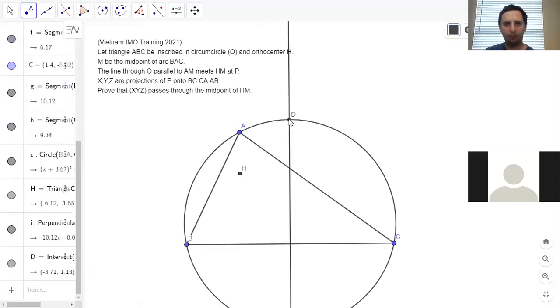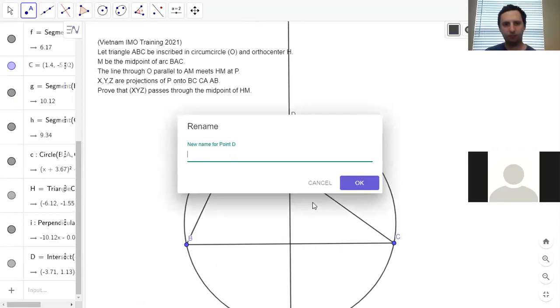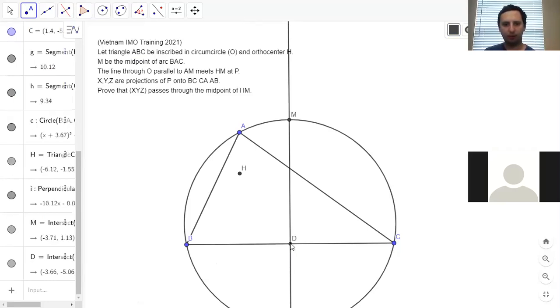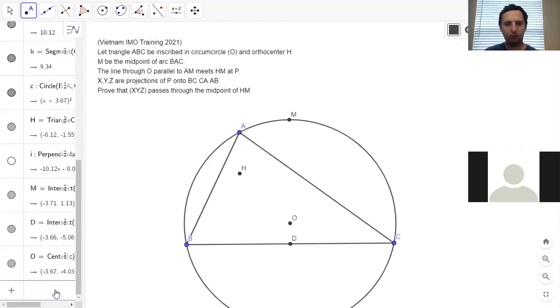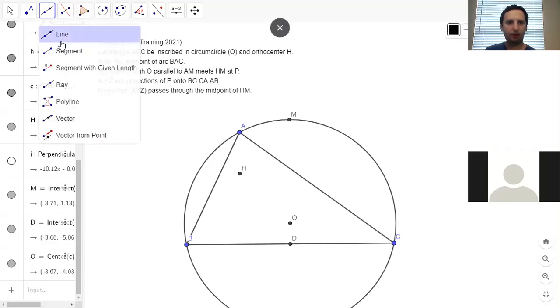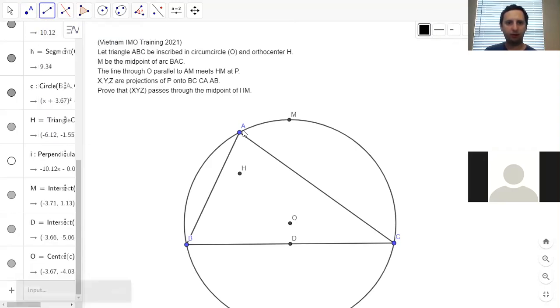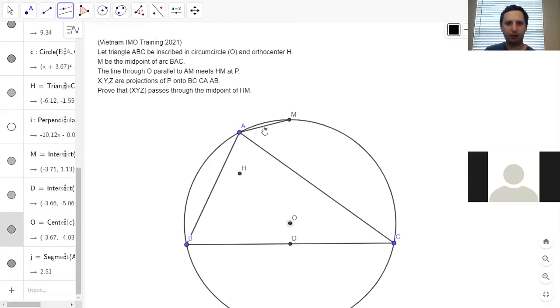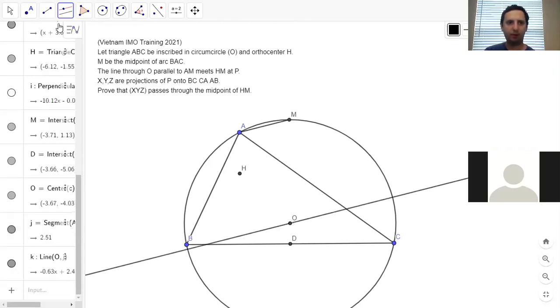Let's call that M. I'm just going to label the midpoint of side BC, just in case I want that later. And the line through O, so O is the center, parallel to AM. So AM is the external angle bisector. And then we draw the parallel through O to AM, and it meets HM at point P.